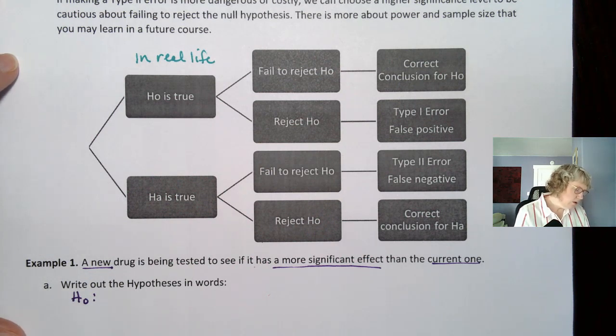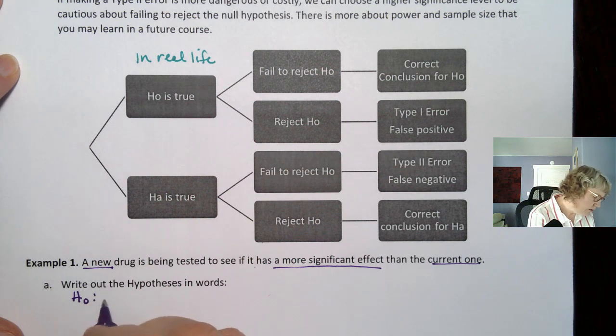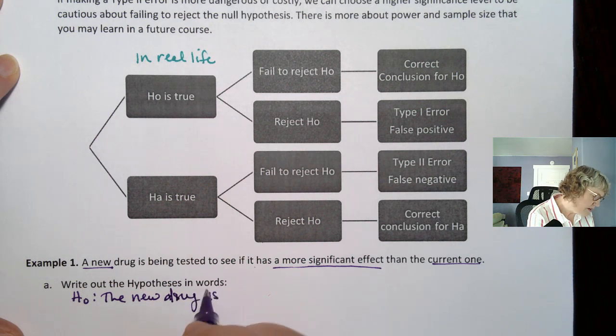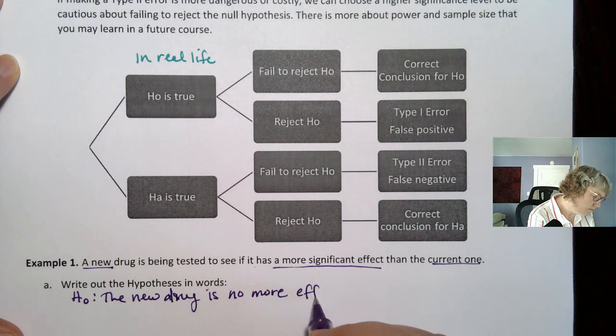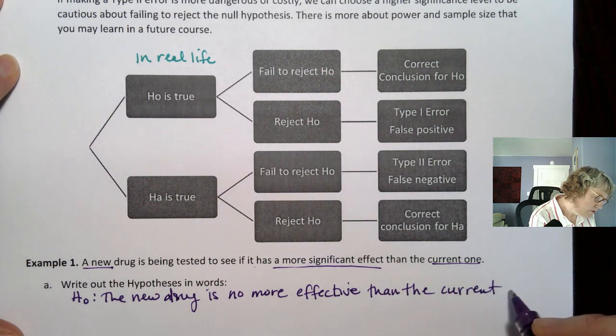Okay, so our null is usually, remember, there's no effect, right? Or status quo. So we would say the new drug is not more effective than the current one. The new drug, I'm going to say, is no more effective than the current drug.